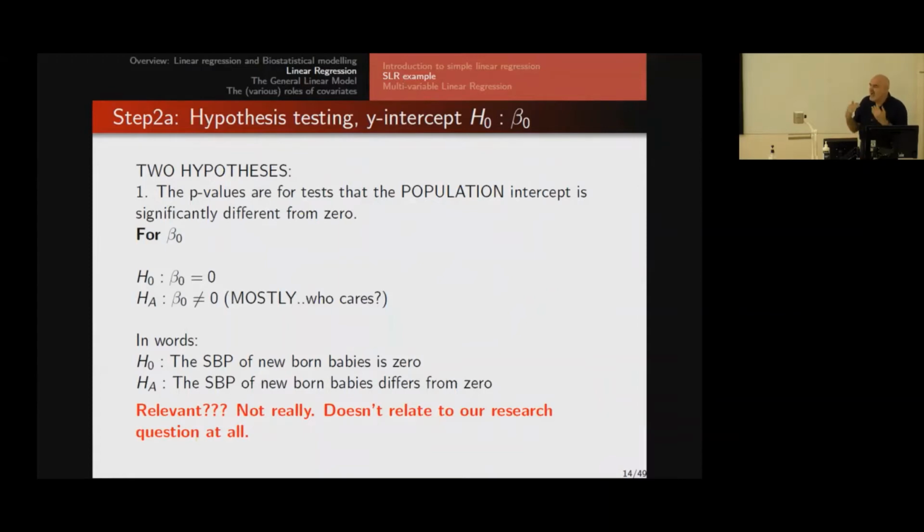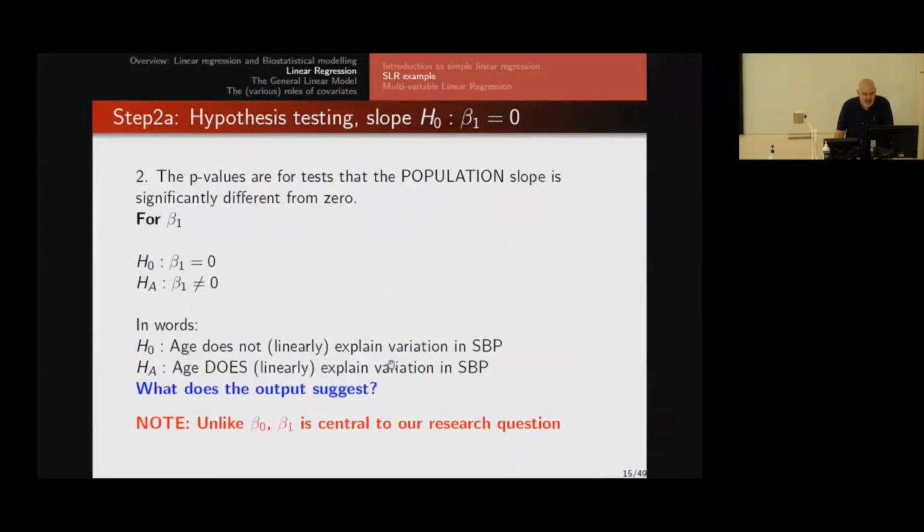Occasionally we do test hypotheses about beta 0, but not today and not in this problem. So the beta 0 there is just for convenience to make our model fit the data better, but we don't want to make any statements or test any hypotheses about it. Let's go to the much more important parameter of beta 1.